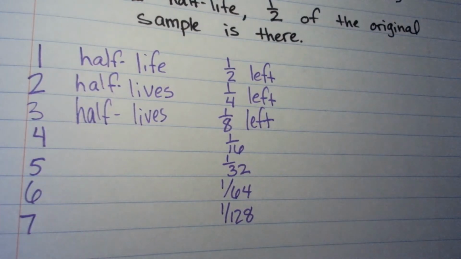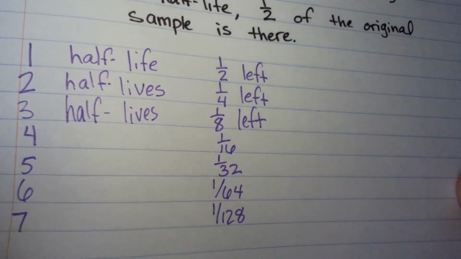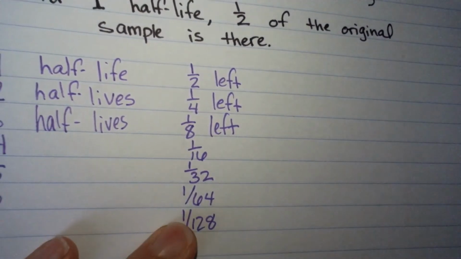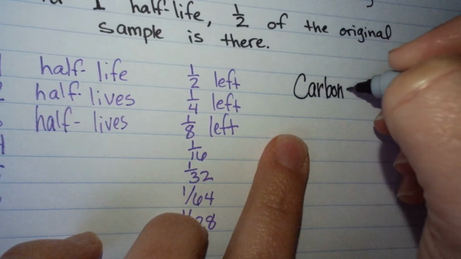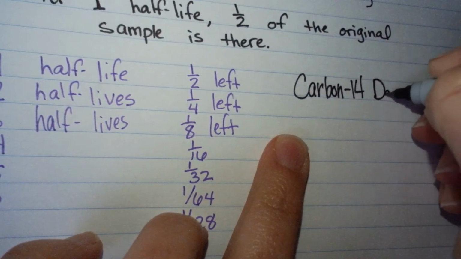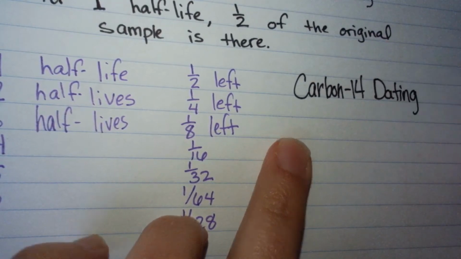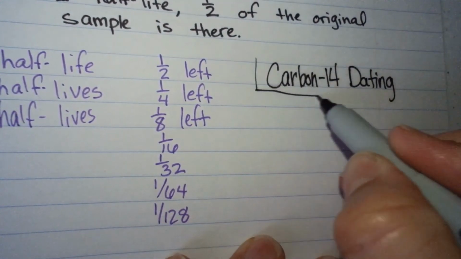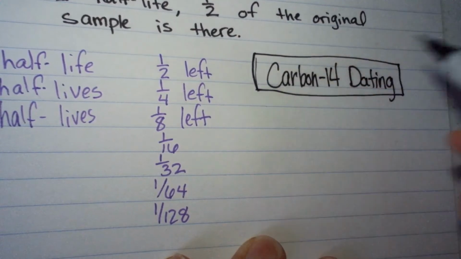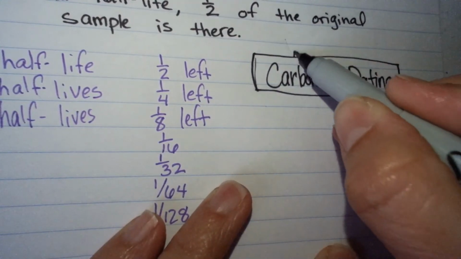Now, why on earth would we need to use this? Why on earth would we need to think about this? Have you guys ever heard of carbon-14 dating? So here's a why.